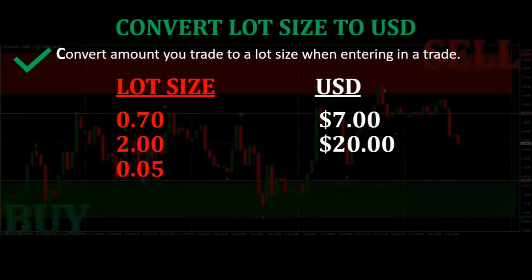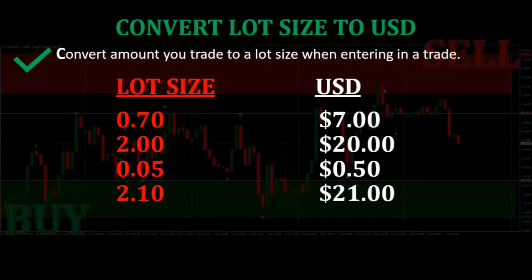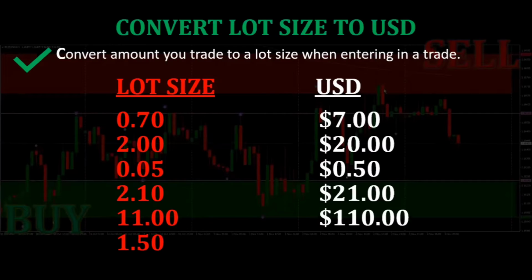Perfect. 0.05 would be 50 cents. 50 cents. Perfect. All right. 2.10 would be $21. $21. Perfect. 11.00 would be $110. $110. And what is 1.50? $15. $15. All right. You guys are amazing, class.